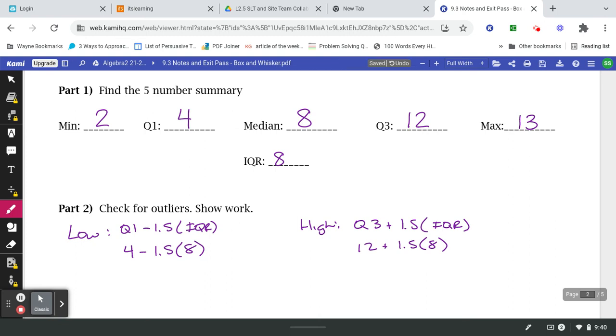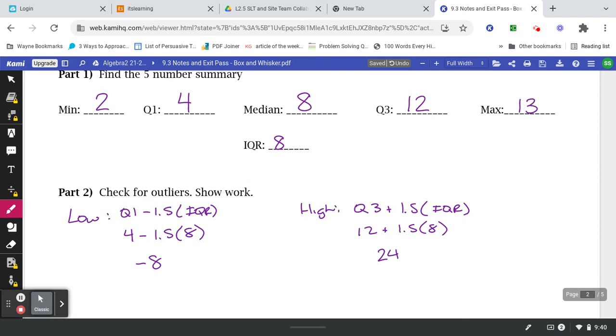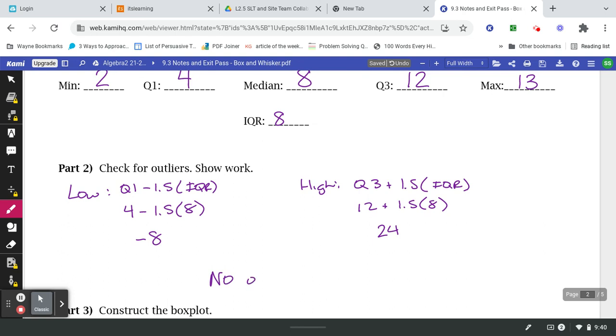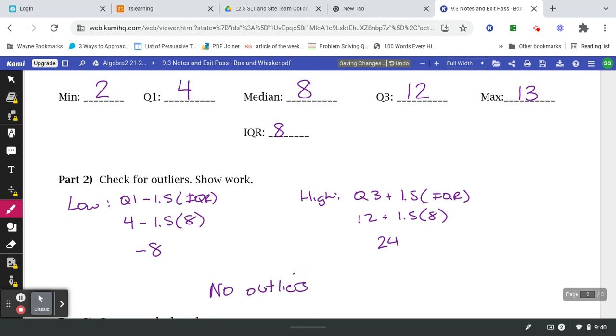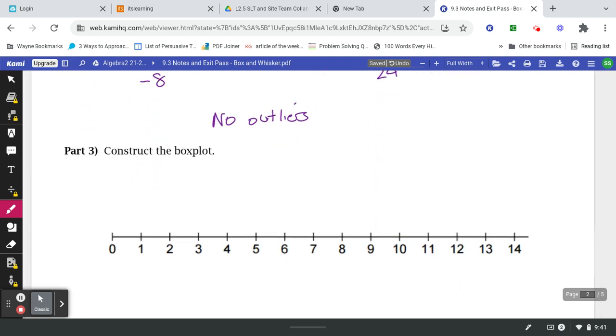And we get an answer of -8. And we get an answer of 24. So, do you have any numbers that are smaller than -8? No. Any numbers larger than 24? No. So no outliers. If there's no outliers, that means you would keep the minimum and maximum the same. Nothing would get a star, and you would just go straight into creating the box plot.